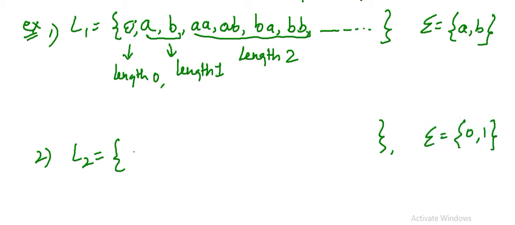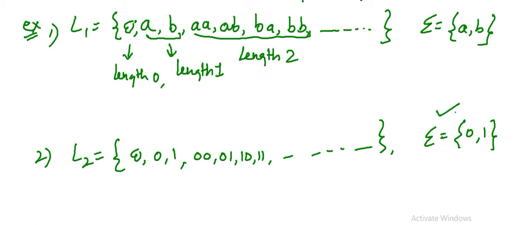It can be of length 0, which is denoted by epsilon, length 1, length 2, length 3, length 4. So all the strings which can be generated from this alphabet or any alphabet which is given is known as a language. That's why the definition says language is nothing but the collection of strings.